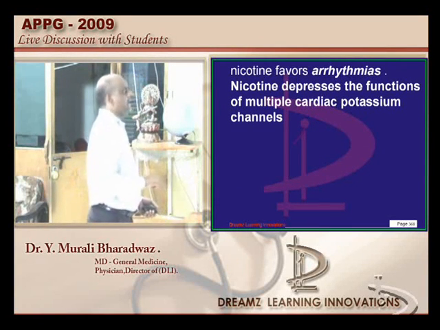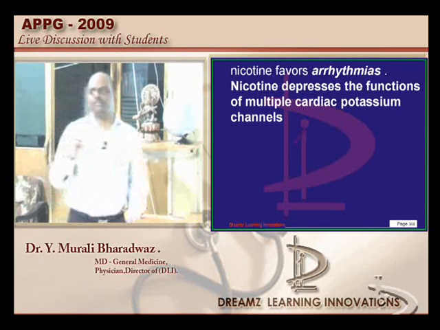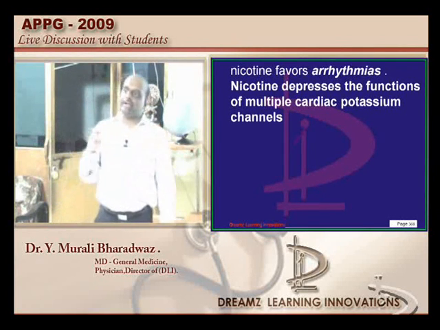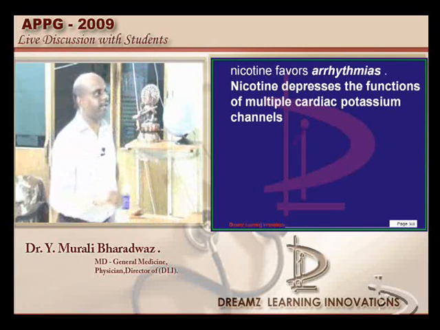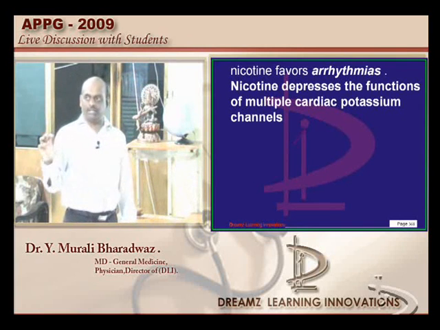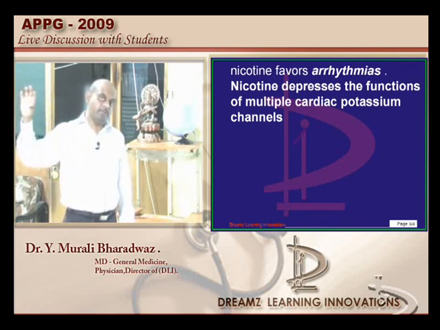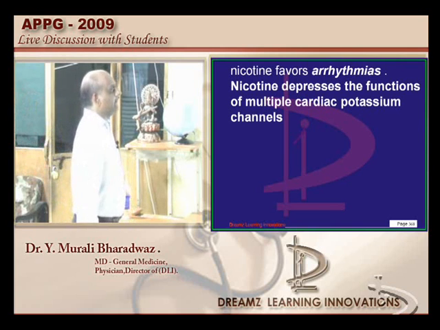Nicotine basically has an effect on the cardiac potassium channels, and that will set the heart into arrhythmias. And cardiac arrhythmias is one of the complications of the nicotinic stimulation if you give excess acetylcholine in a patient who is otherwise atropinized and whose muscarinic receptors are blocked is what needs to be remembered.